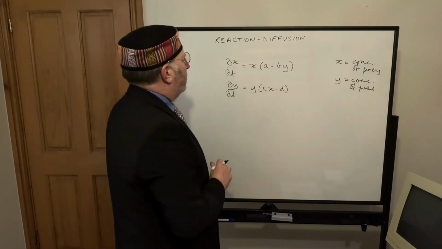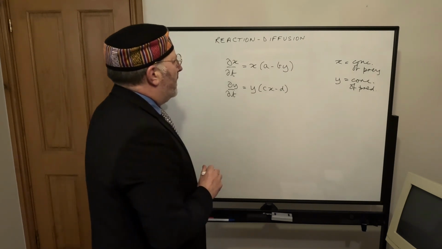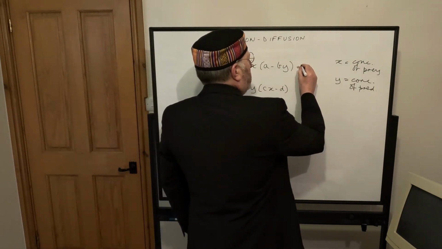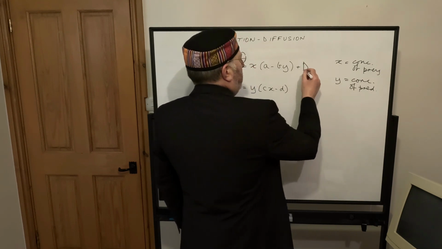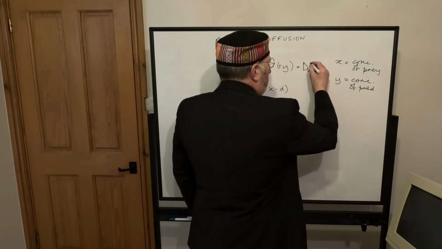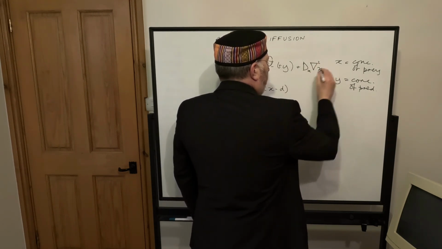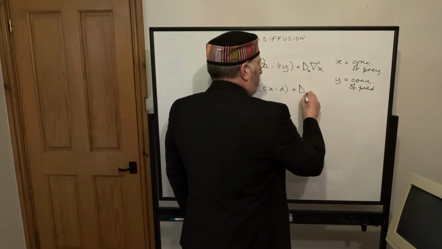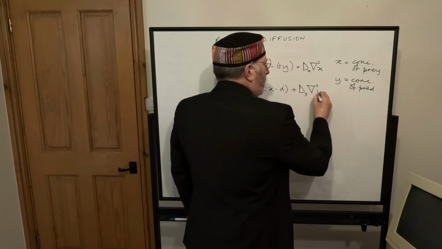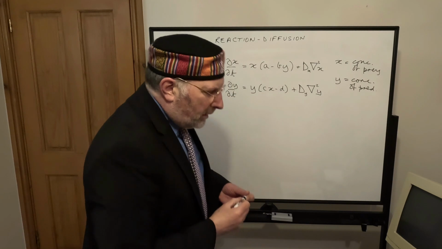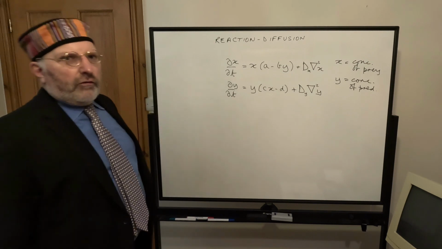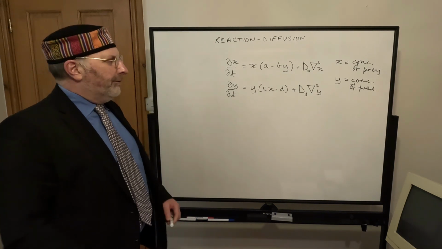Partial derivative dx by dt, dy by dt, and then we'll have a diffusion term, which I'll put as D_x times grad squared of x, and D_y, the diffusion constant for the predators, grad squared y.